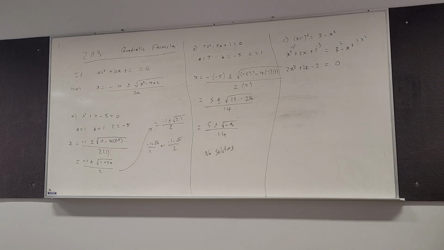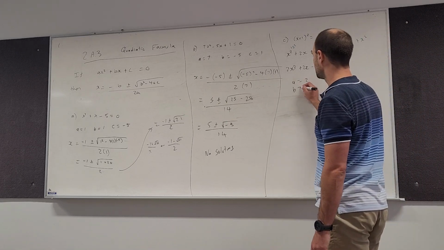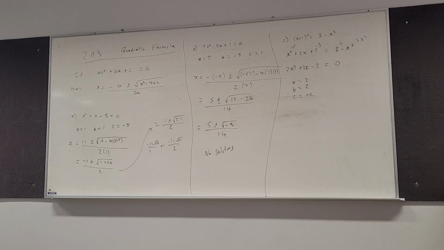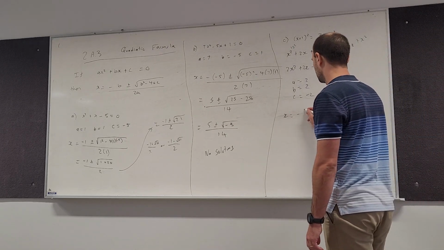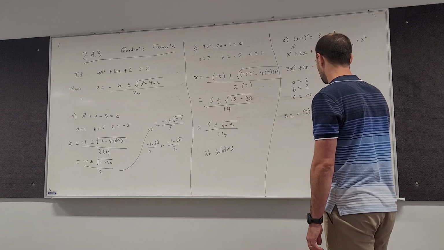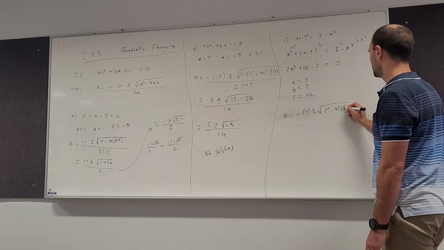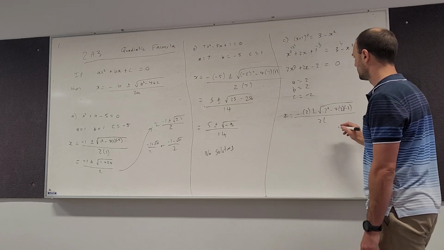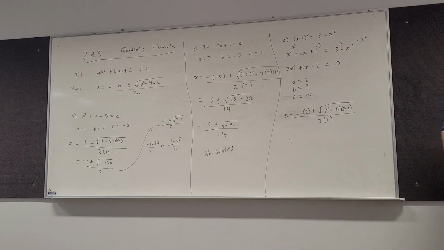Then that's what that evaluates to. So we've got A is 2, B is 2, C is minus 2. We're ready to apply the quadratic formula. Lots of 2's going on there.